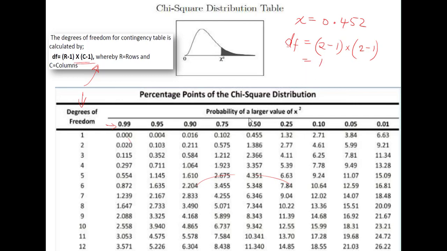So our degrees of freedom are 1. We'll be working with this part here. And our chi-square is 0.452. Where is 0.452 in this row? It's somewhere here, so we can estimate that our p-value is somewhere between 0.75 and 0.50.